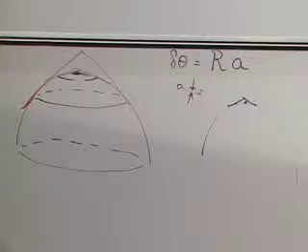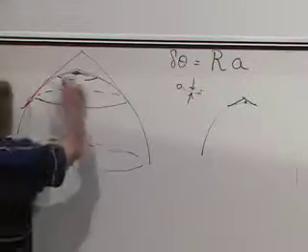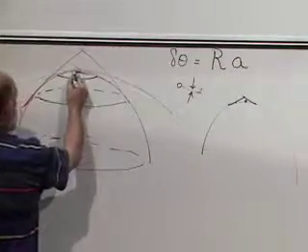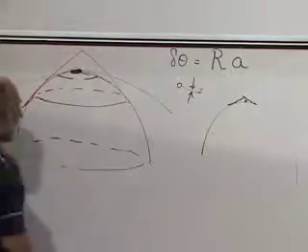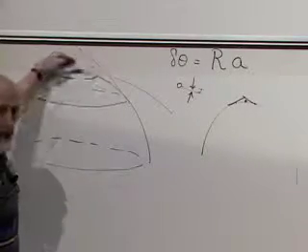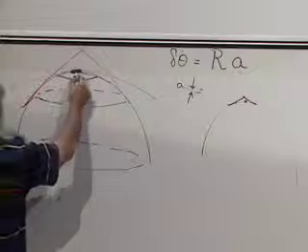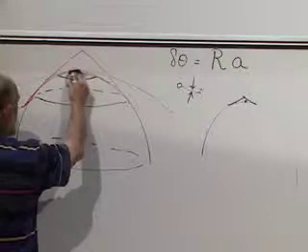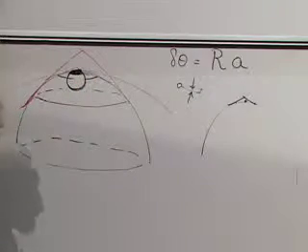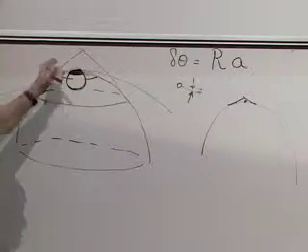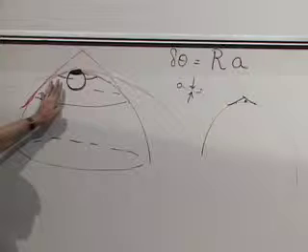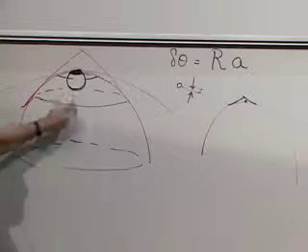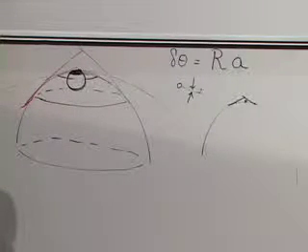For example, if I have a very big sphere and I take the same little area over here, I'll get a very small angular deficit. On the other hand, if I take a small sphere and take the same size circle over here, I'll get a rather large angular deficit. The smaller the geometry, the bigger the curvature.